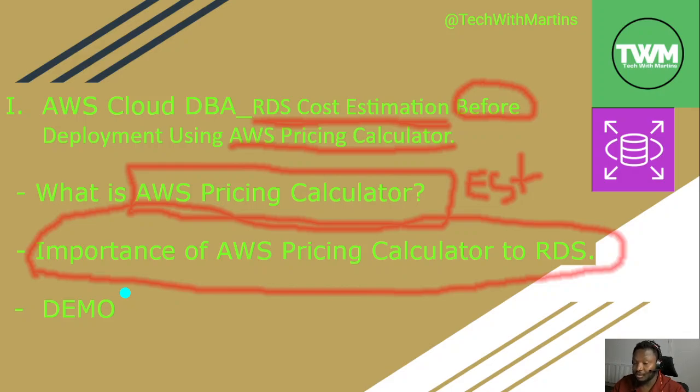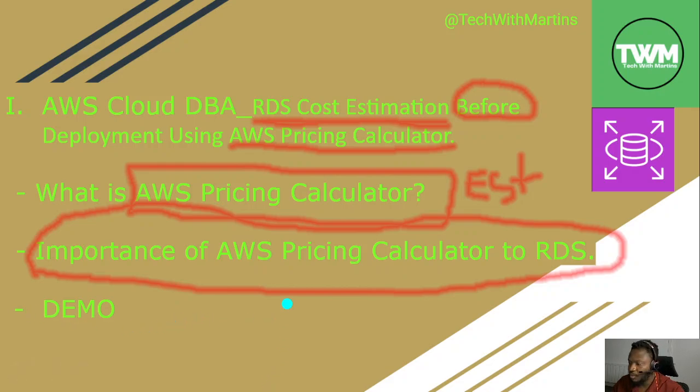From the pricing calculator, you are able to see how much you are billed, maybe per GB per month, and you are able to do some cost adjustments, cost corrections, or cost optimization, or see if AWS is actually billing you for the right amount of storage that you're using, right? So to me, this is very crucial for cloud database administrators to understand.